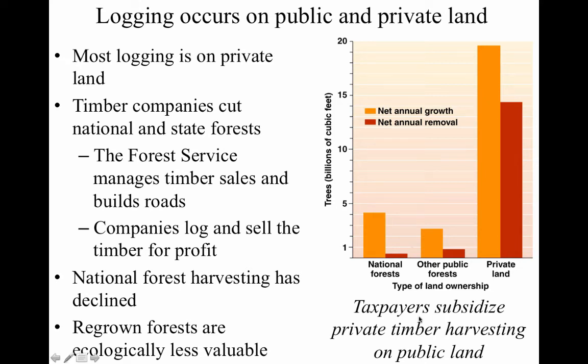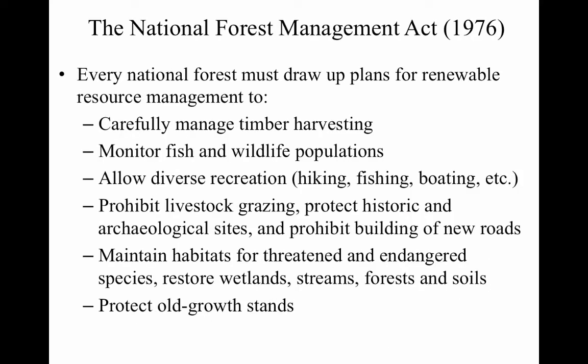And there's a statement here where taxpayers actually subsidize private timber harvesting on the public land, meaning the national forest. The government builds the roads that the logging company uses, and they're kind of getting some benefits of those things at the expense of taxpayers.